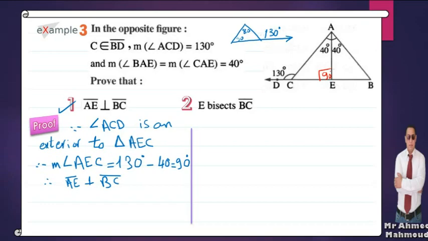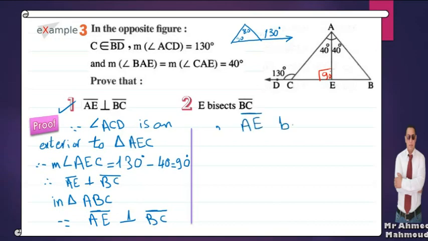Okay. In this triangle ABC, since AE is perpendicular to BC, and this is proof, and AE bisects angle BAC.